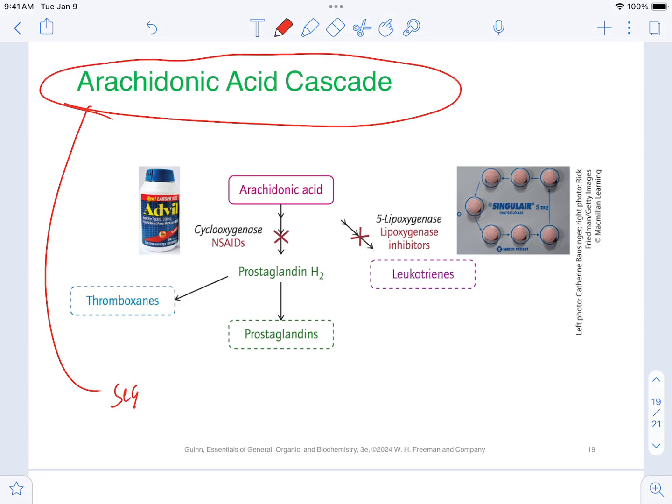So this is a sequence of reactions following hydrolyzation of arachidonic acid. So your anti-inflammatory drugs, such as you see up here, your Advil that we've all taken probably in our lives, these interfere with the reaction that produces our eicosanoids.